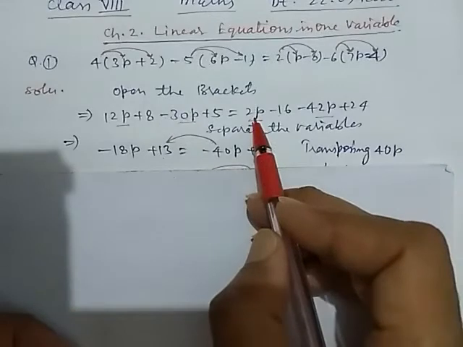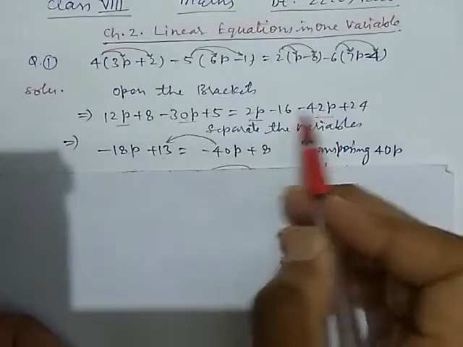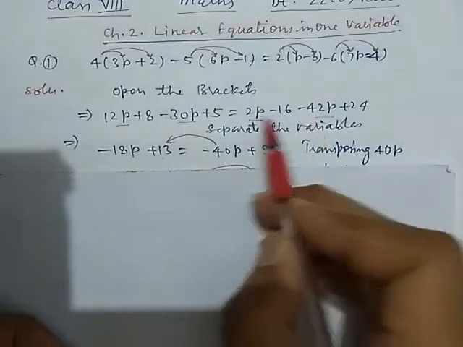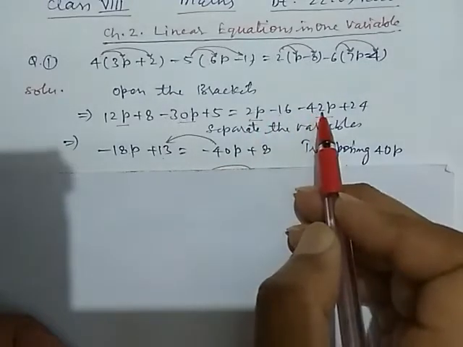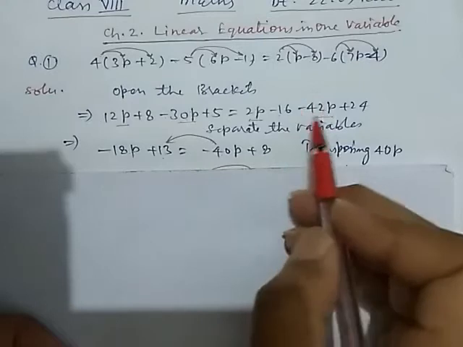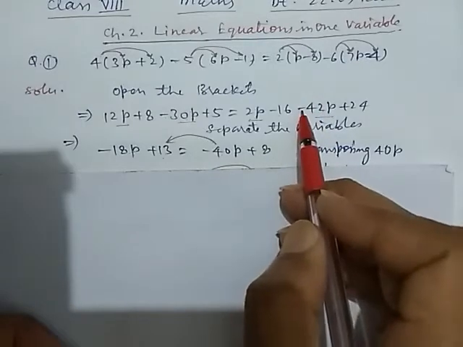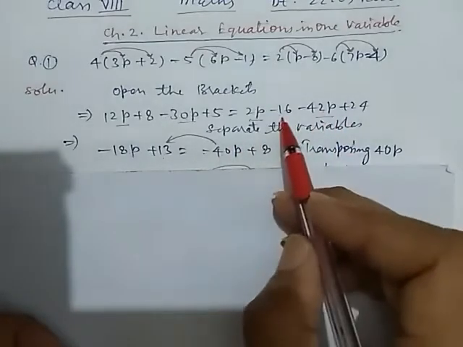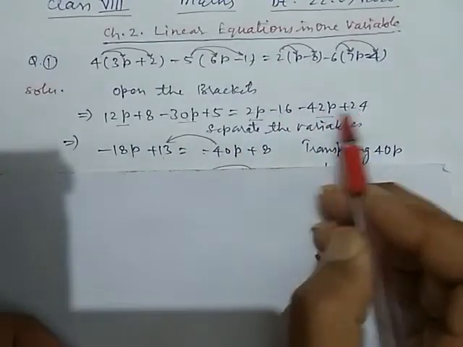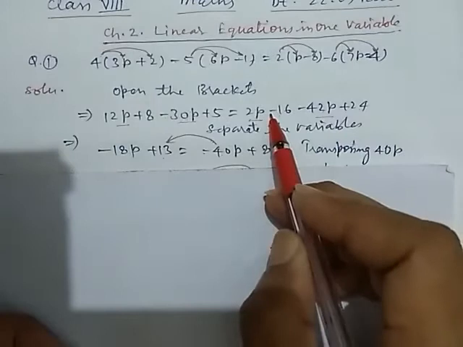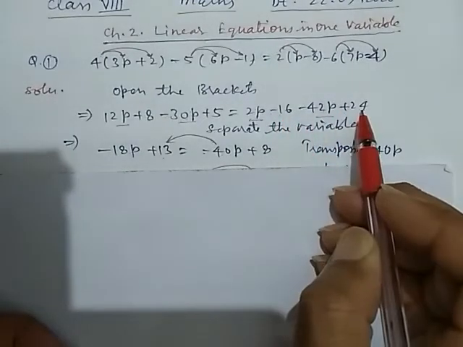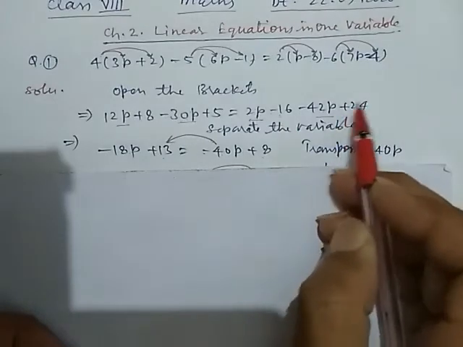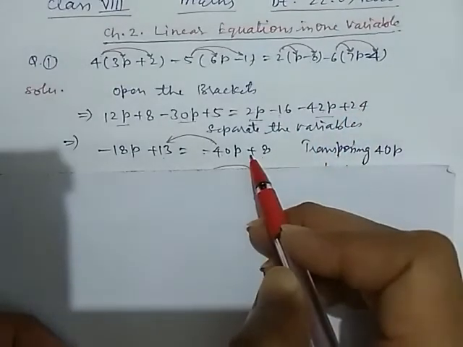Here 2p and minus 42p, the signs are different, so we subtract 2p from 42p, we get 40p, and the bigger number is negative, so we provide a negative sign. 16 and 24 have different signs, this negative, this positive, so we subtract 16 from 24, we get 8, because the bigger number is positive, so the sign is positive.